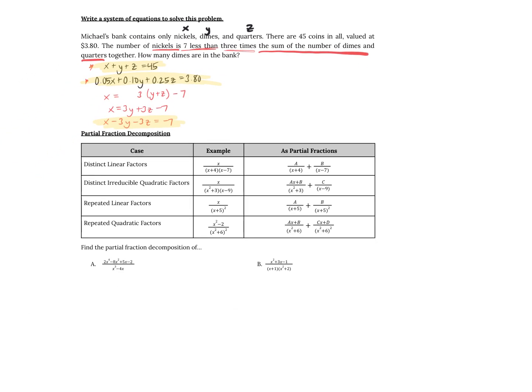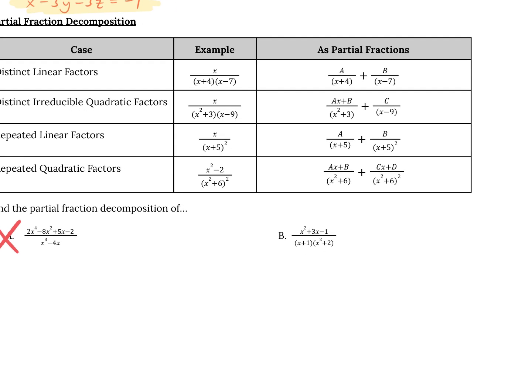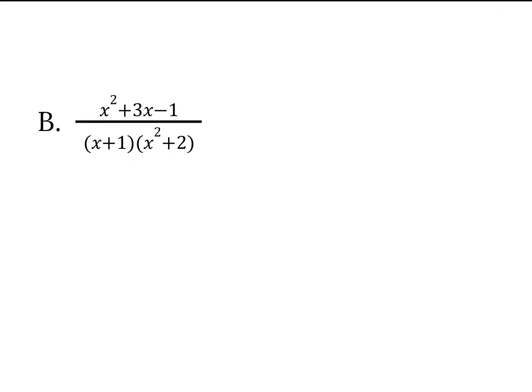So we're just going to go ahead and skip A, but we're going to do B. I do believe the one on the quiz, on the test, will be factored for you already, but that would be the first step, to factor the denominator. So the denominator is already factored here, so I just need to write my partial fraction decomposition out.